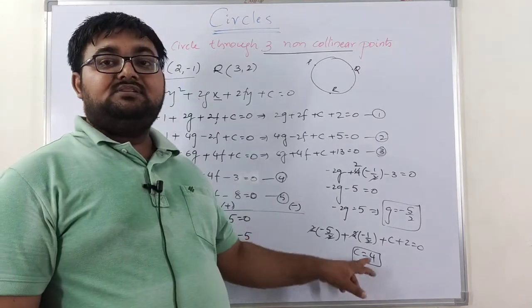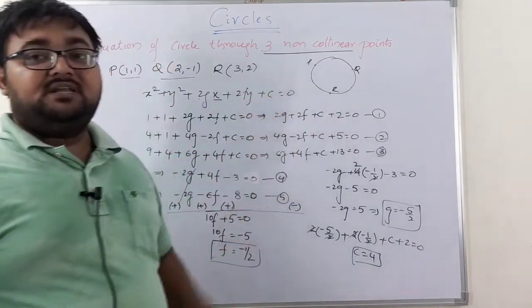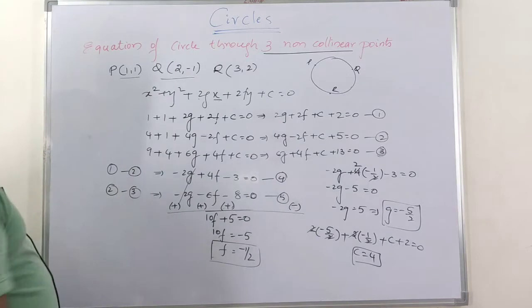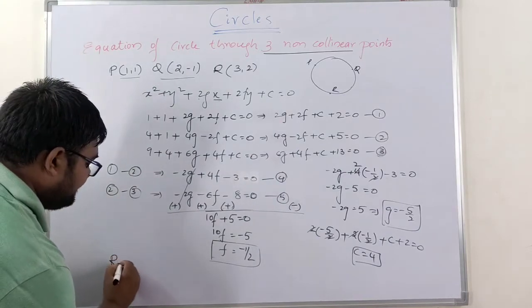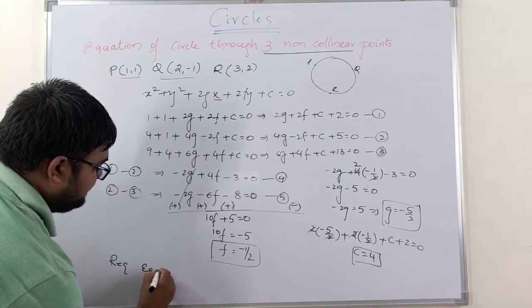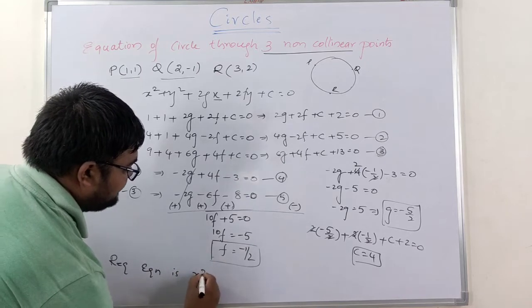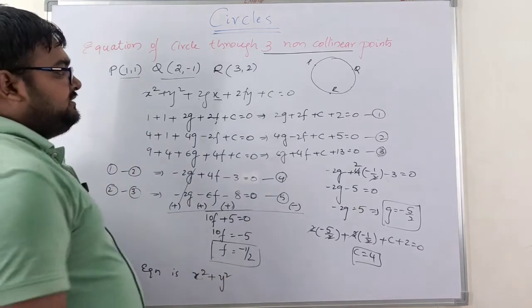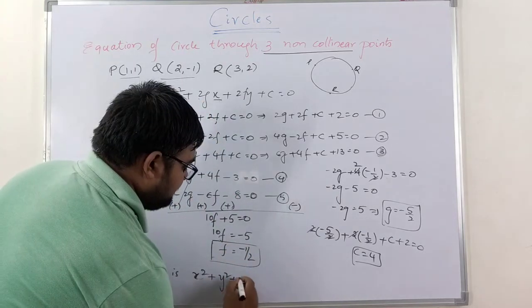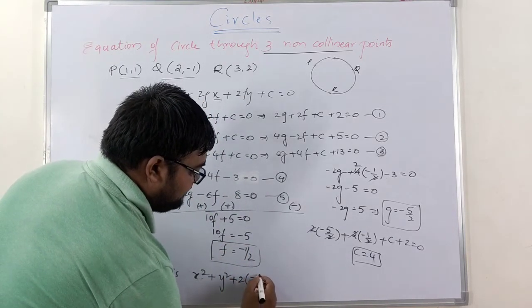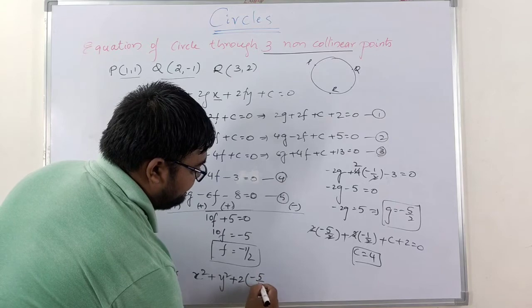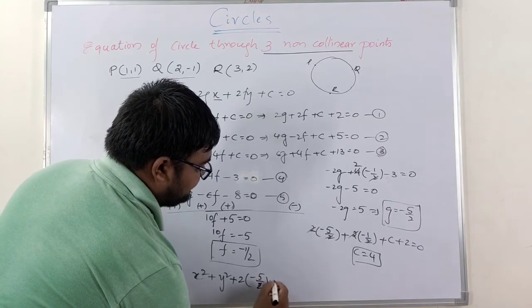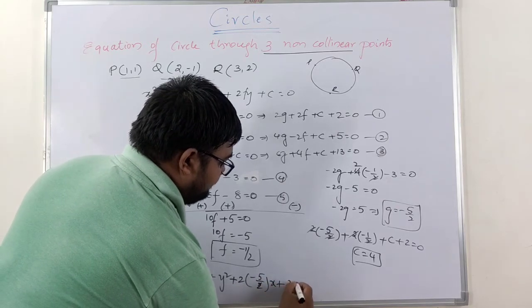Now these 3 unknowns I need to substitute in the required equation. So what is the equation? x square plus y square plus 2gx, so plus 2 into, what is the g value here? Minus 5 by 2 into x plus 2fy.